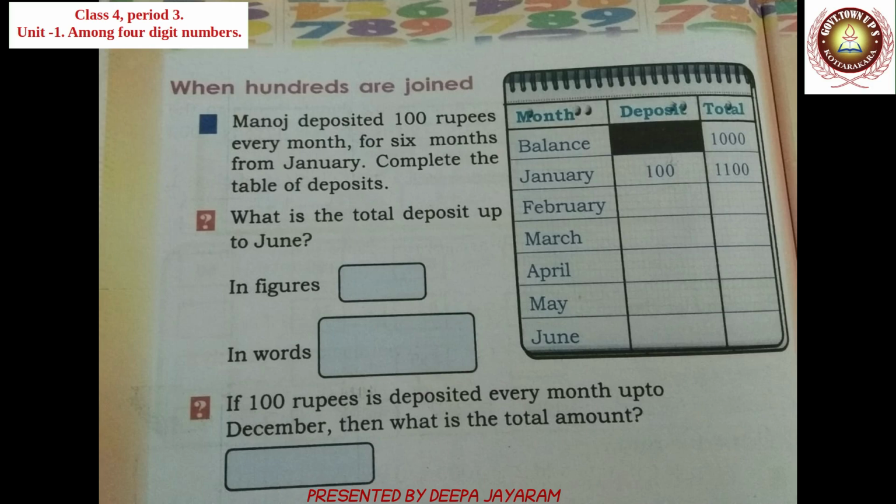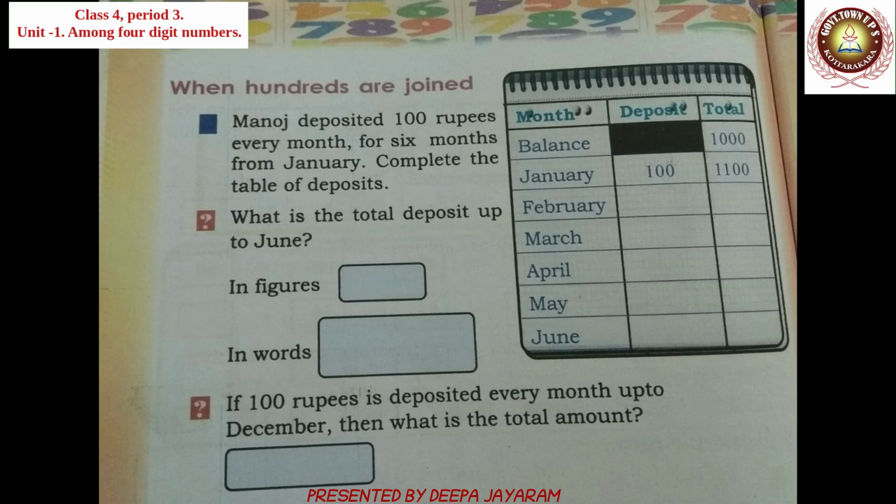Then he decided to deposit the same amount up to December. How many months from June to December? There are 6 months: July, August, September, October, November, and December. He extended the deposit up to 6 more months, that means up to December. Then find the total amount.